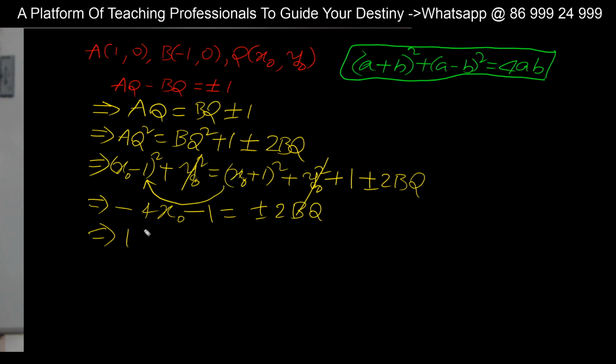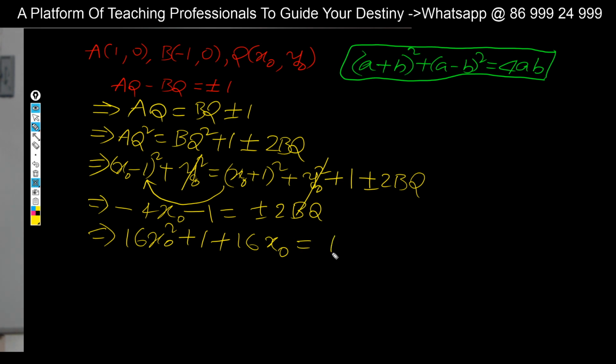Square it again. 16x0 square plus 1 plus 16x0 is equal to 4 into BQ square, that is (x0 plus 1) whole square plus y0 square.